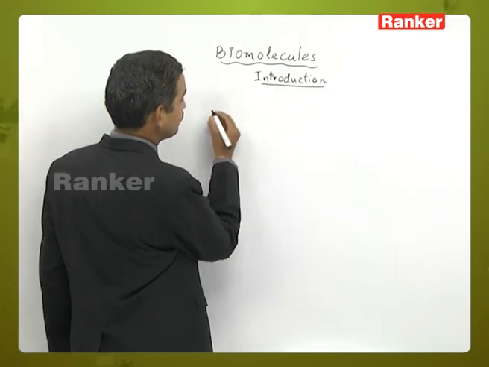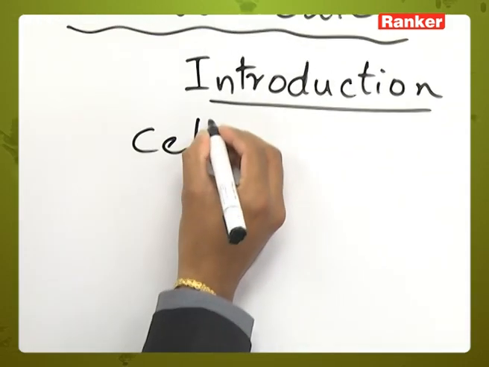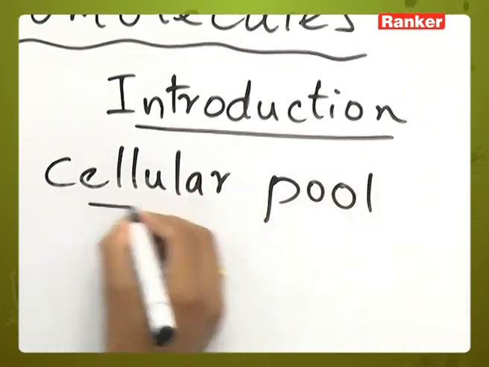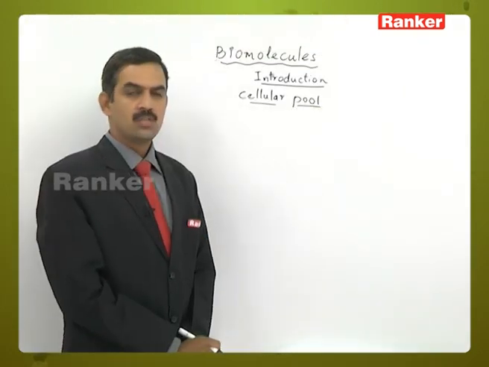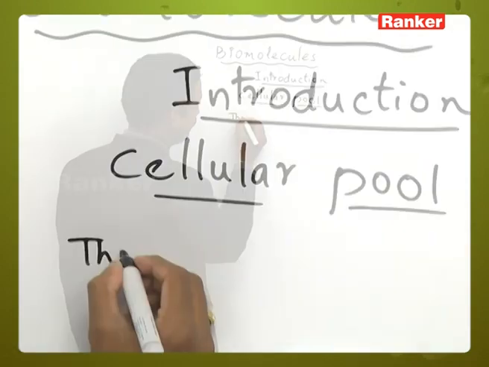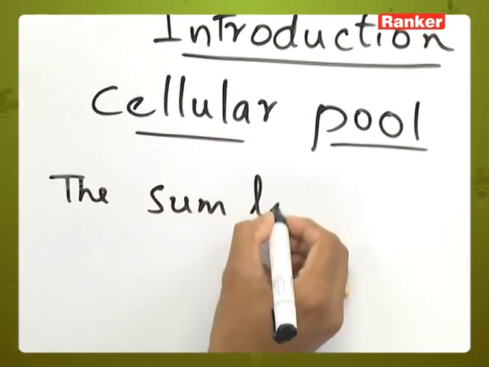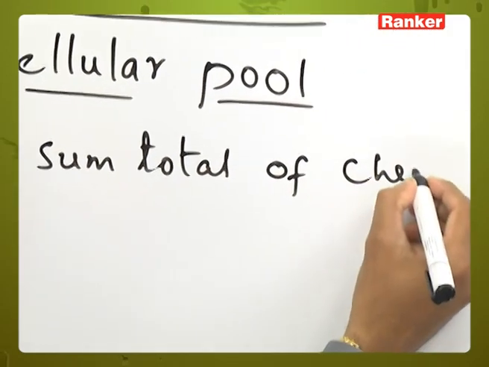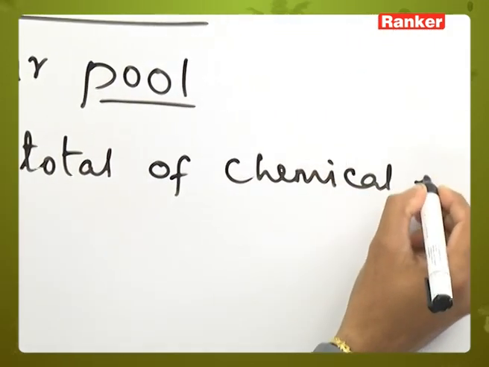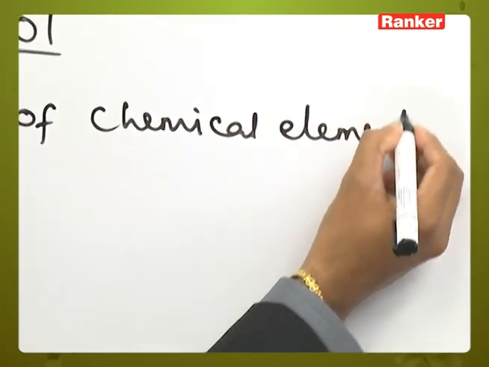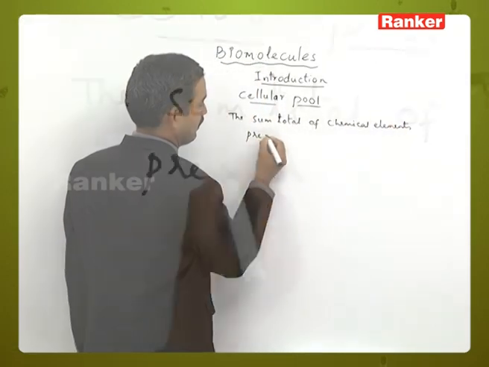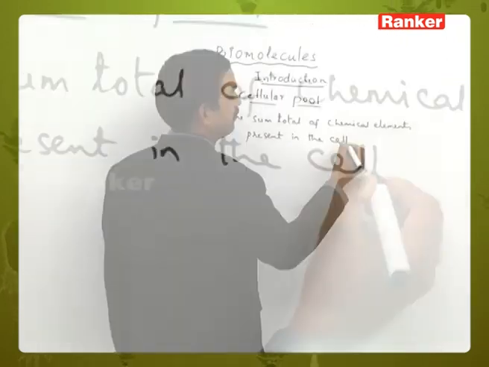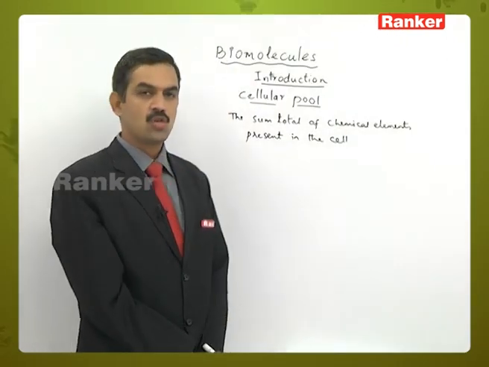So first, let's see what the cellular pool in a cell is. The sum total of chemical elements present in a cell is called the cellular pool.